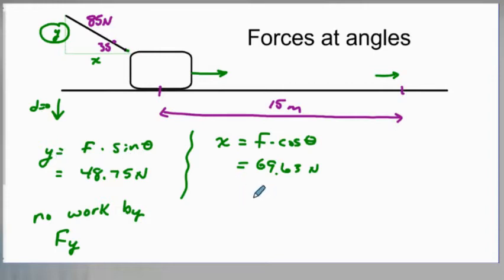In the x direction, however, it moves 15 meters. So the work, I'll put a W here, the work is the force times the distance that the box moves in the direction of the force.